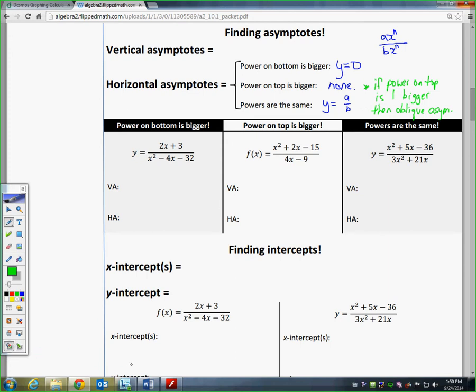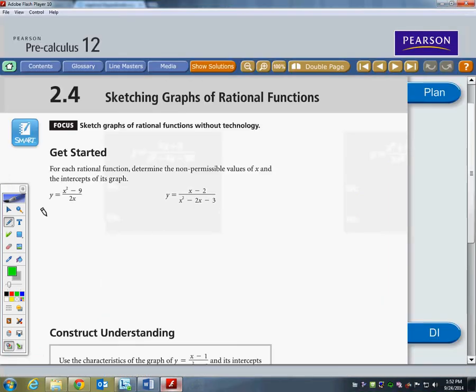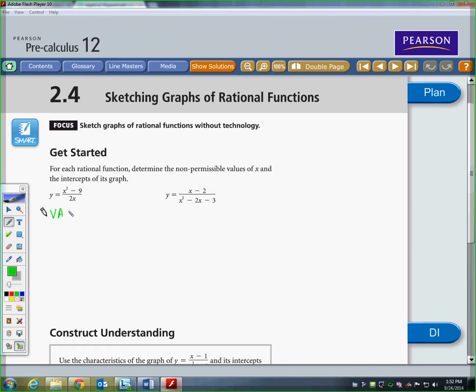Okay, so let's continue on with this one here, and I think we had already written that our vertical asymptote was x equals 0, no holes. Horizontal asymptote, none, because the power in the top was higher.